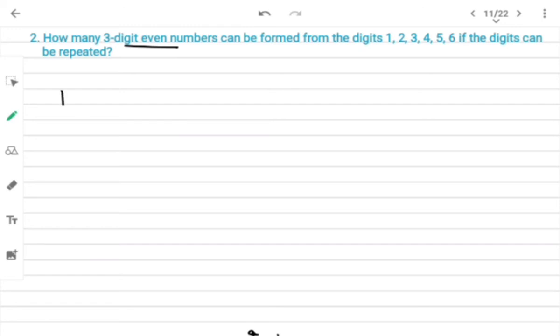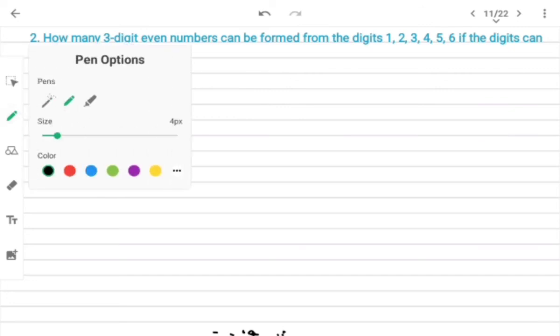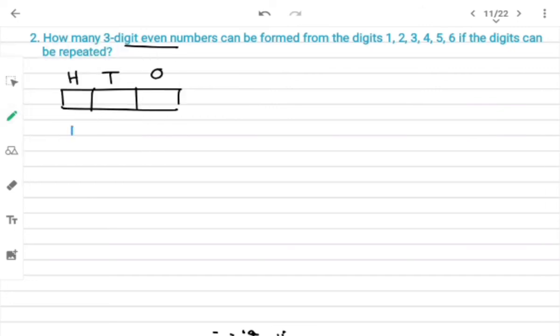Now I am taking the blocks: ones place, then tens place and next one is hundred place. Now the digits are 1 to 6, so I can take the digits 1, 2, 3, 4, 5, 6.